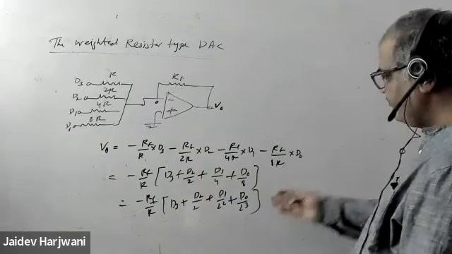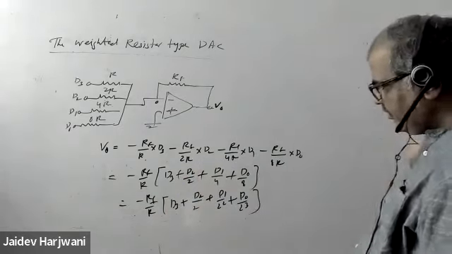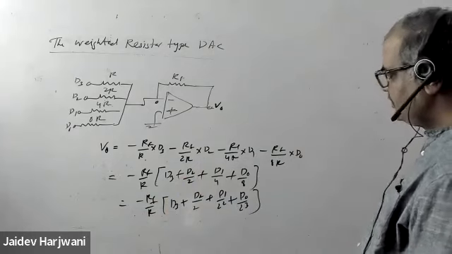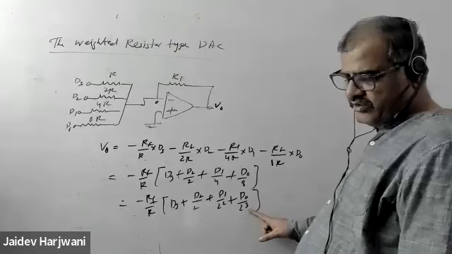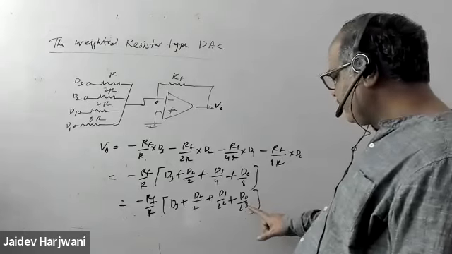So if it is an n term, you can keep on going like this. This is a 4-bit, so it's coming up to 3. If it's a 5-bit, it will come to 4. If it's an n-bit, it will come up to n minus 1.